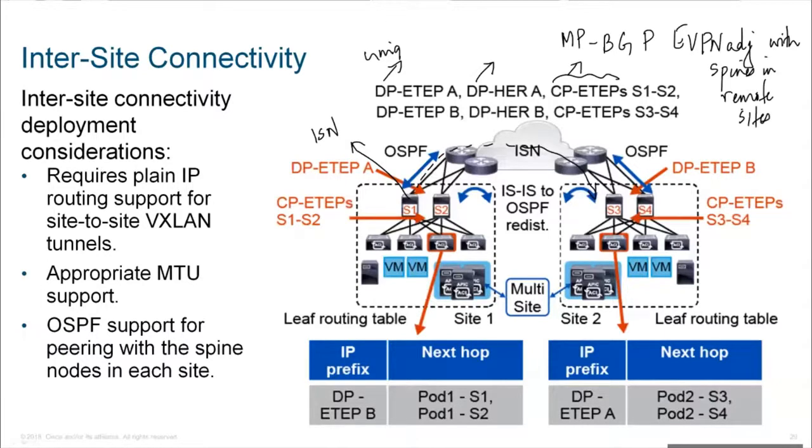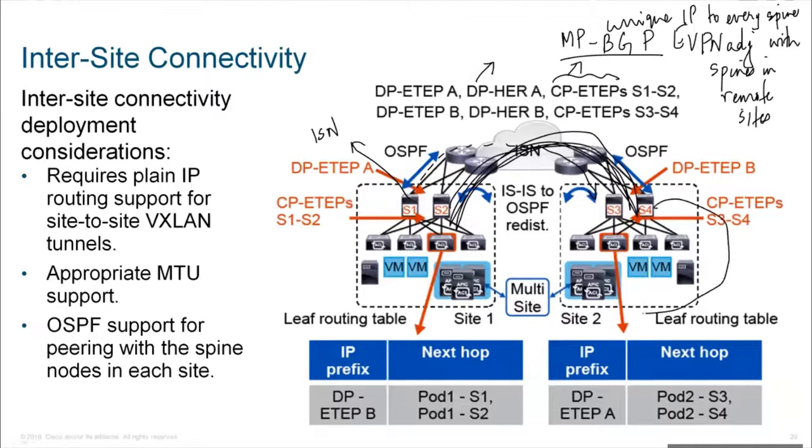So I'm going to say that's a unique IP. Now, MP-BGP adjacency is for, remember, any conversation that happens between these two sites, endpoint information.